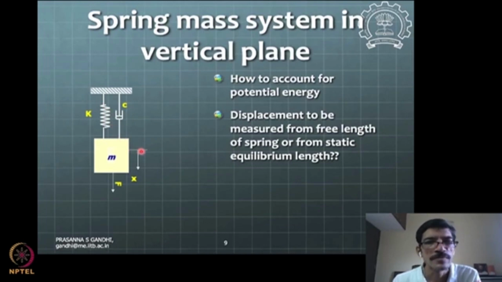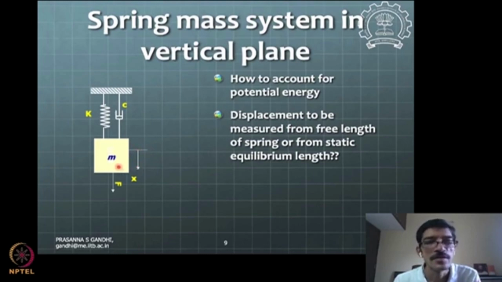In the other formulation, I deform the system and allow it to get into the equilibrium position with the spring force balancing the mass. Then I define that as my zero, and from there I start measuring x.